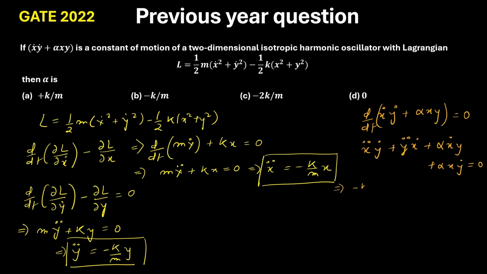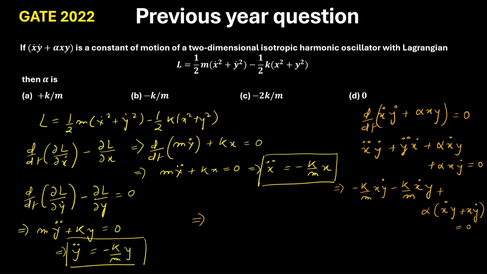So I will have minus k by m x y dot minus k by m x dot y plus, taking alpha outside, alpha times (x dot y plus x y dot) is equal to 0.